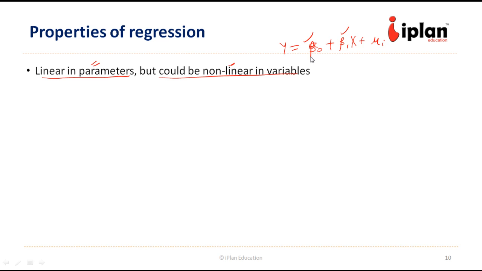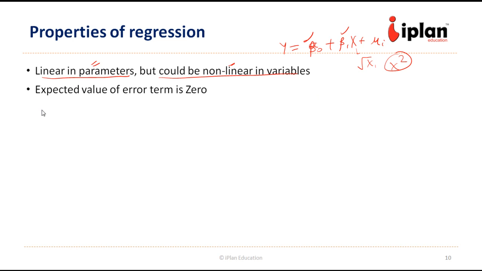We are not going to have any power in them, but x may be the square root of x1 or something like that, or x squared. So the variable could be non-linear, but the parameters should be linear. That is what we are talking about here.